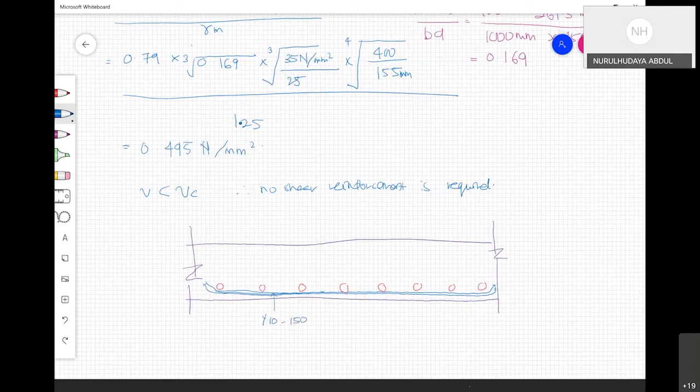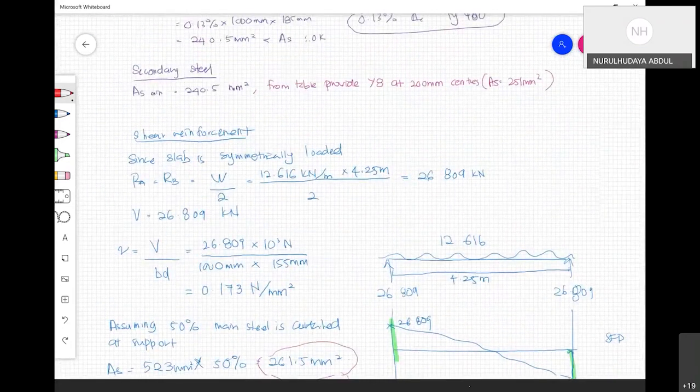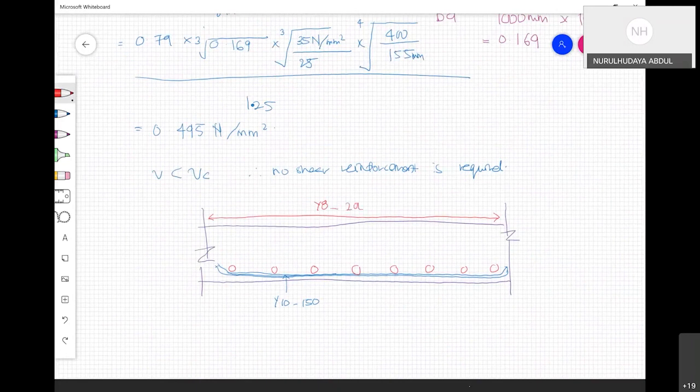Okay, and the one yang on the top yang kat sini yang kita akan label is dia punya secondary bar which is kita dah pilih tadi Y8, okay, 200 mm center ni. Jadi kita tulis dash 200, okay. You boleh tulis lah center to center like this one also can.